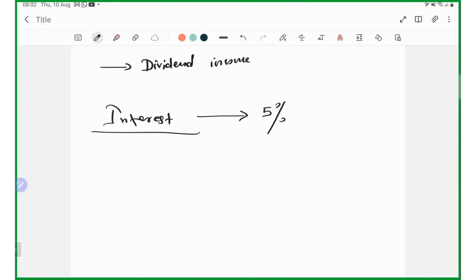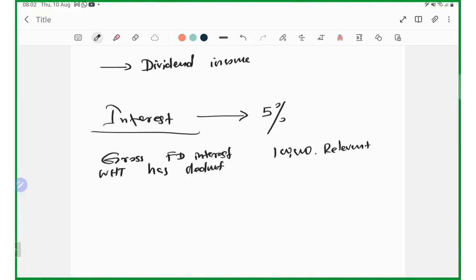Sometimes, let's say you have received an adjustment like gross FD interest 100,000, and additional information that relevant withholding tax has been deducted.